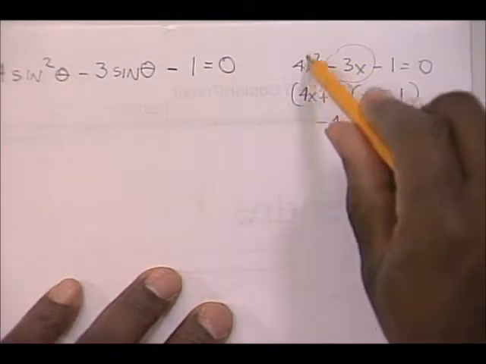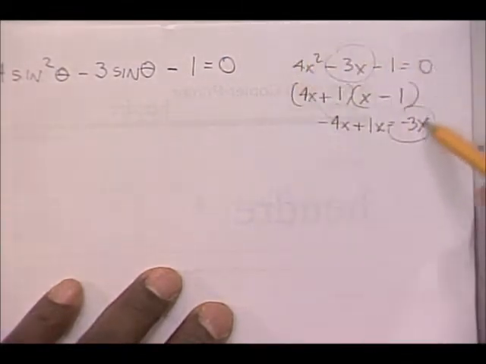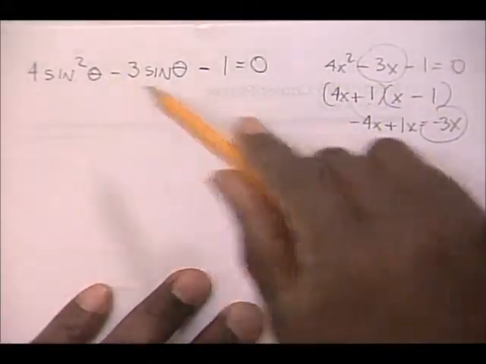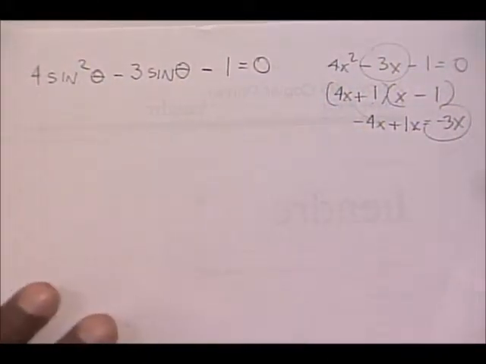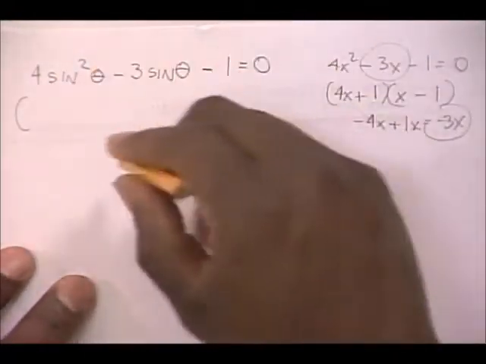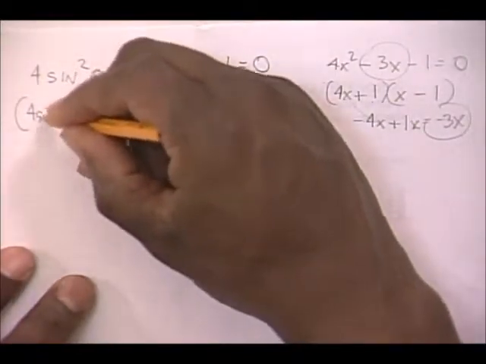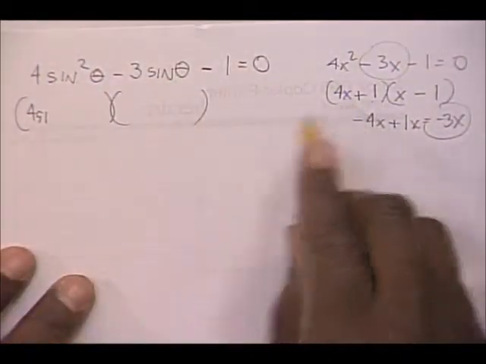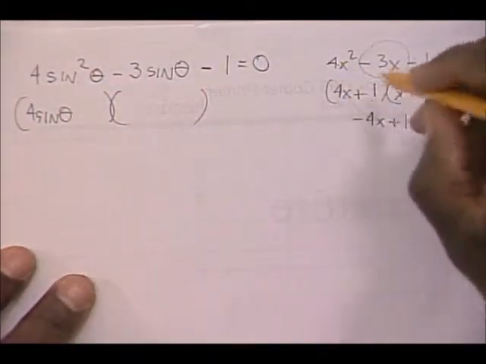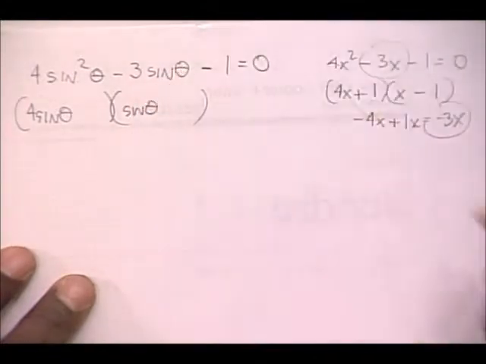Now you take your understanding of this Algebra 1 technique called factoring, and you apply that to this trigonometric equation. I'd like my students to see that this is factorable. We have not 4x, but 4 sine theta, and over here you don't have x, you just have sine theta.